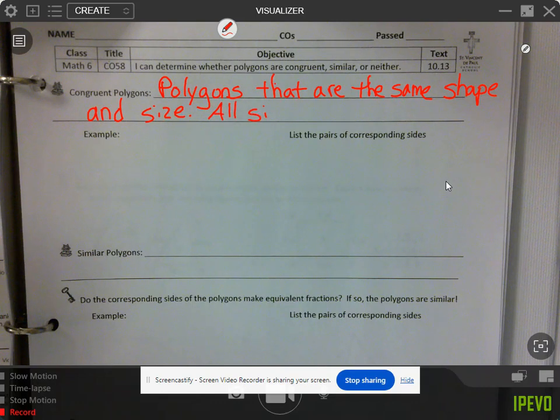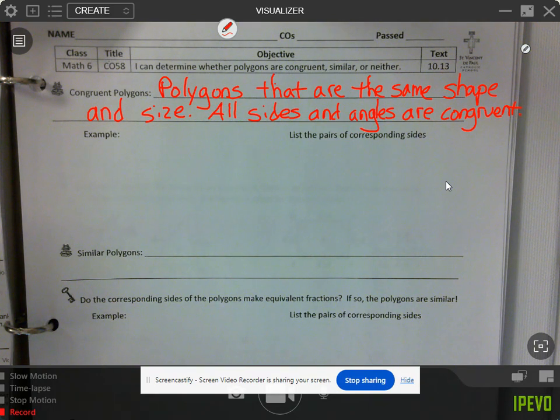All sides and angles are congruent. They equal the same thing. They look identical.